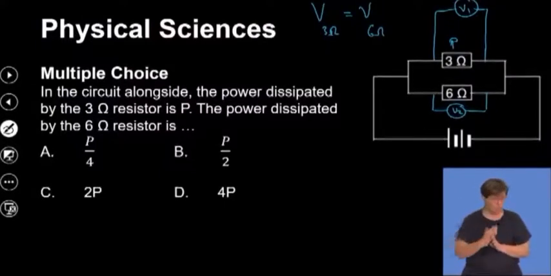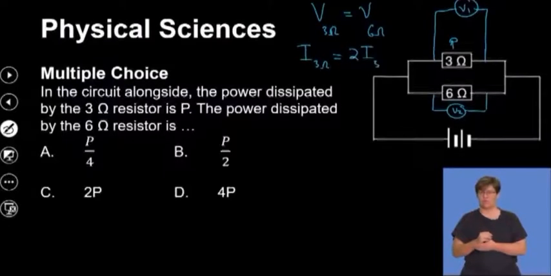But the current that goes through 3 ohms is double the current that goes through 6 ohms. Why? Because this parallel circuit is a current divider. So the smaller the resistance for the same voltage, the greater the current.